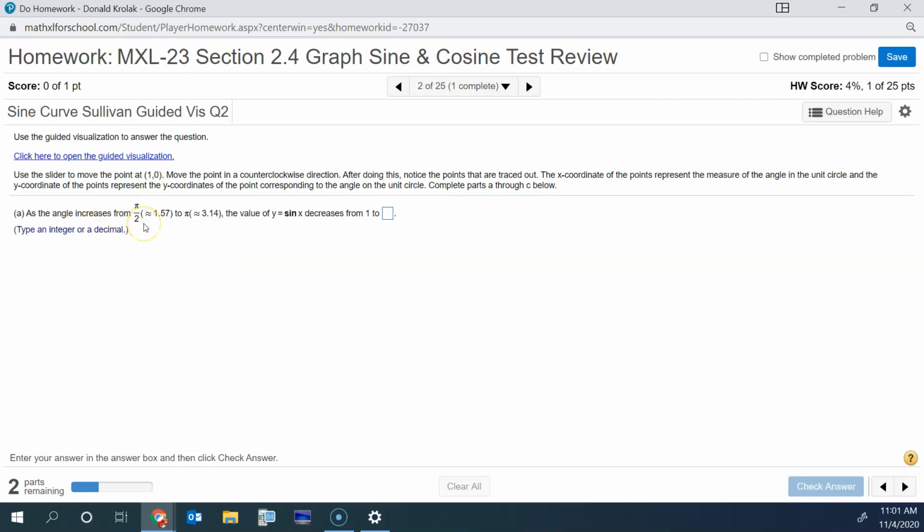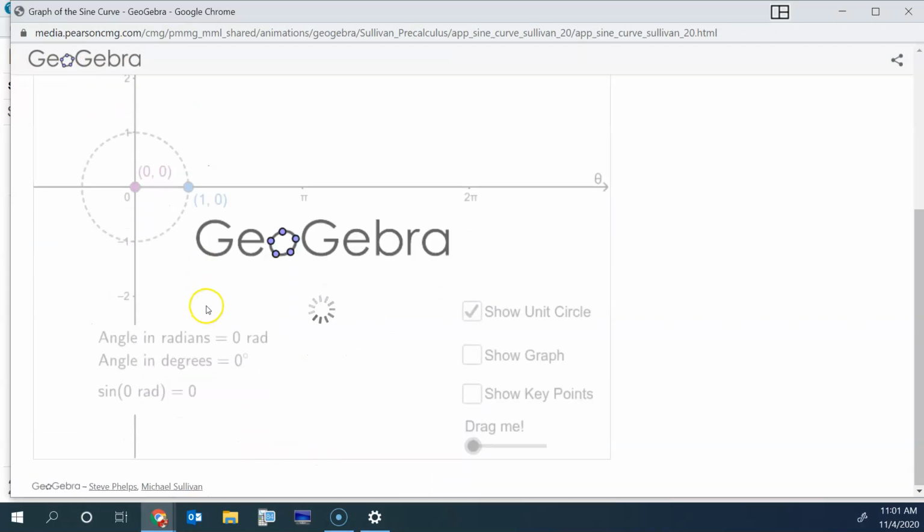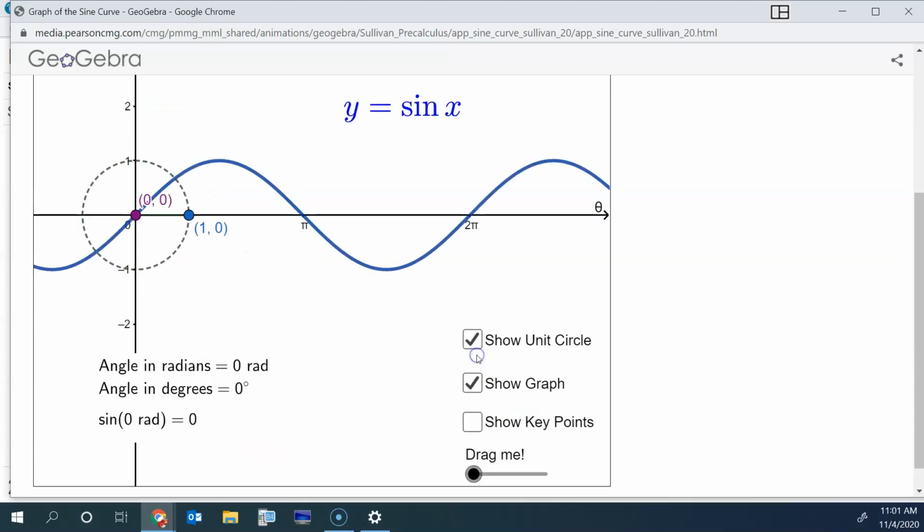Now you're going to do it: what does the y coordinate do from pi over 2 to pi? I'm going to go back and start from pi over 2. I'll click show graph so you can see the whole thing. At pi over 2, it's 1. Now I'm going to move from pi over 2 to pi.